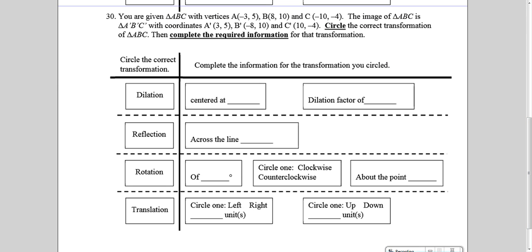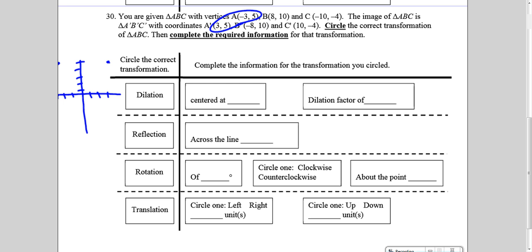All right, so let's see what we got here. I went from -3, 5 to 3, 5. And look at this on the chart. I started up here, and I flipped over to here.